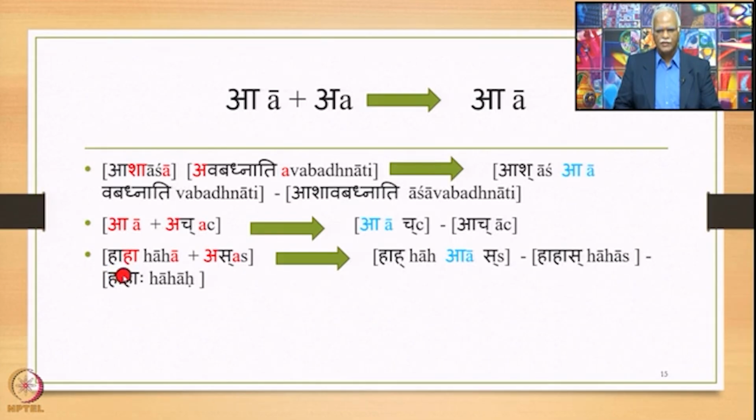When we are deriving the Panchami Ekavachana or the Shashti Ekavachana, ablative or genitive singular of Haha, we have Haha plus As, and then Akasavarna Dirgha 6.1.101 applies, and in place of both these A plus A there is one substitute, namely the long variety of them, long A. So we have Hahas as the resultant form, Ha Ha Ha is the finally derived form.